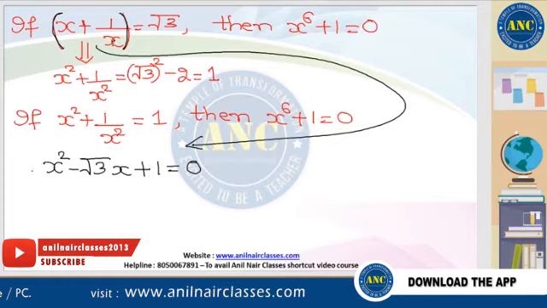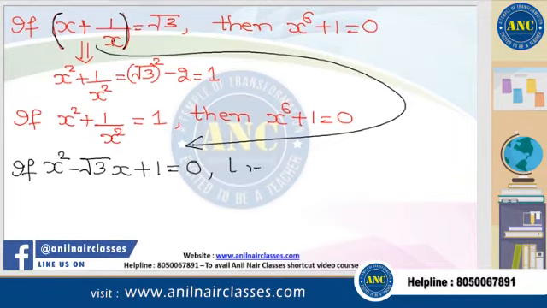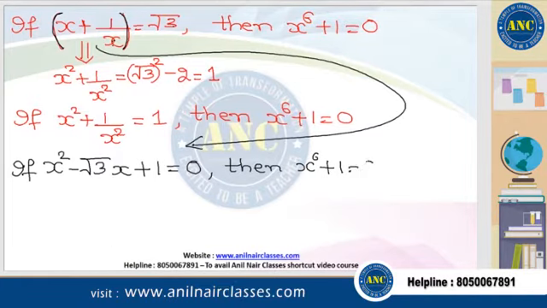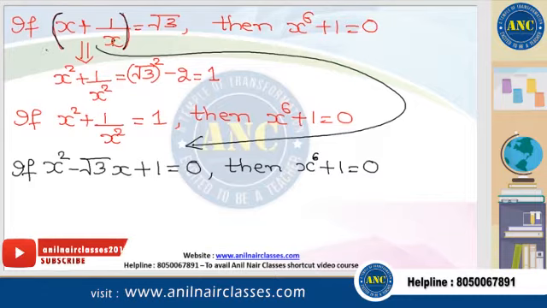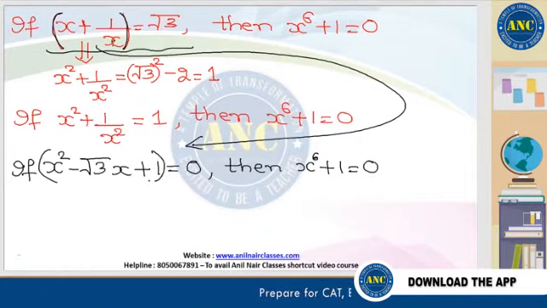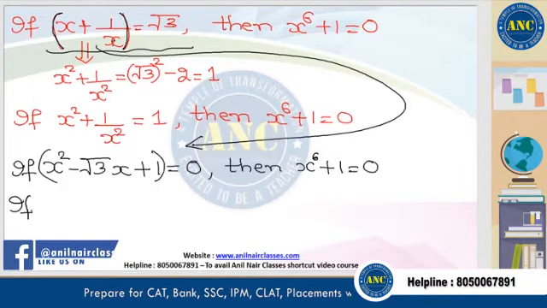I can also write it as a quadratic equation. Then the same condition holds good: x power 6 plus 1 equal to 0. That means the same equation, I wrote it in this format by taking the LCM and shifting here and there, sir. Nothing else.